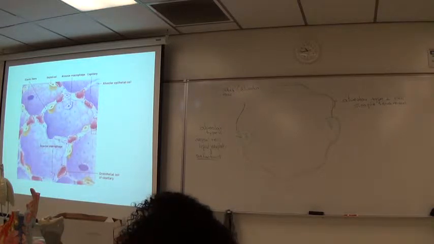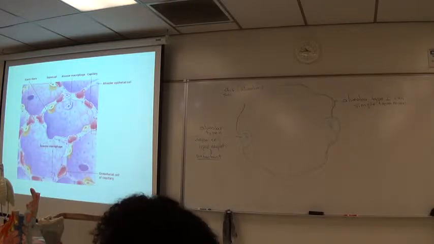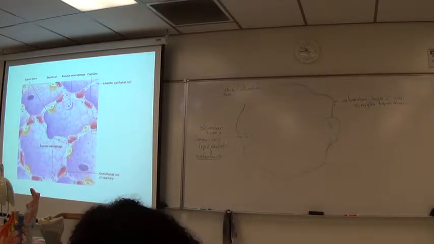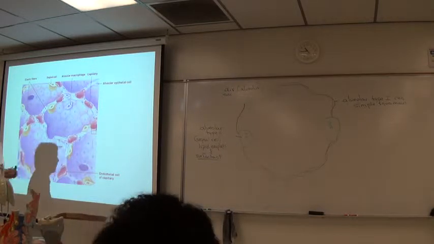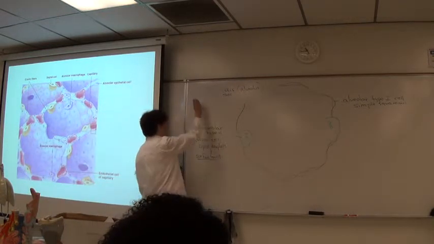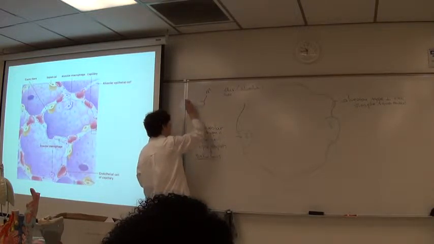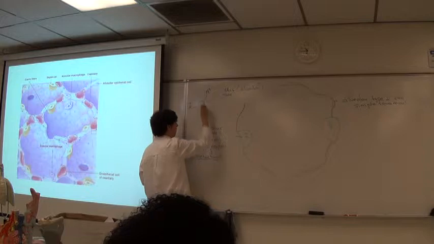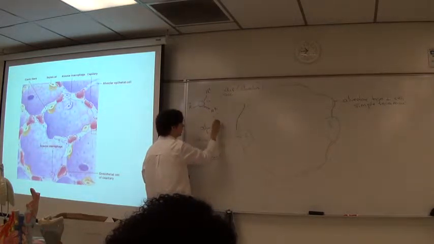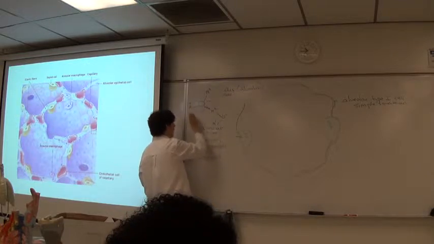And hydrogen bonds are an attraction between the positive charges of one water molecule's hydrogen and the negative charges of another water molecule's oxygen. So we have something like this. And this would be a hydrogen bond.